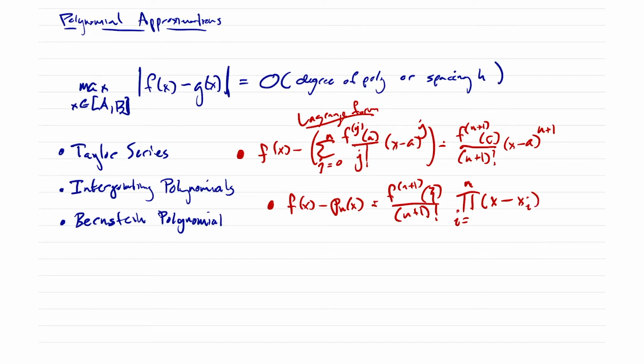I think before I just had n+1 here, so let's change it back. So this will be n+1. That was for when we had n+1 interpolation points. We're trying to find a polynomial of degree n that approximates it. So notice each of these requires high order derivatives.